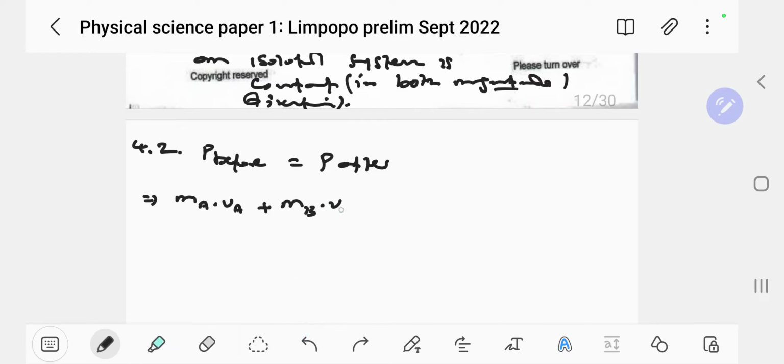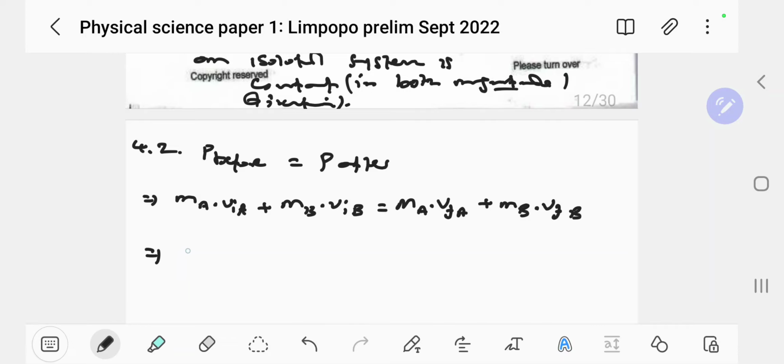It's going to be equal to the mass of object A multiplied by the final velocity of object A, plus the mass of object B multiplied by the final velocity of object B. That is just the annoying part of this.